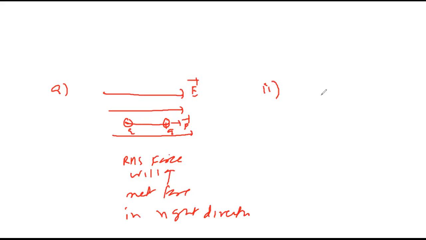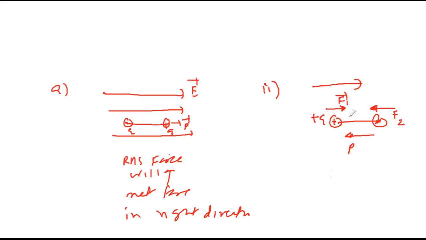But if E is increasing anti-parallel to P, anti-parallel to P means this is positive, and here we have negative charge. This is P. Now this force is increasing. So force on the negative charge I am calling F2, and the other F1. Field is increasing but anti-parallel. Yes, sir.